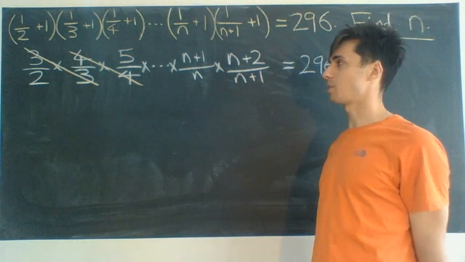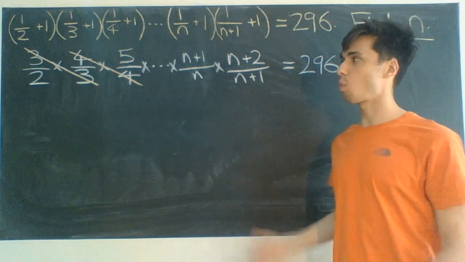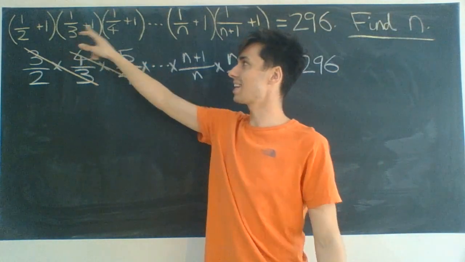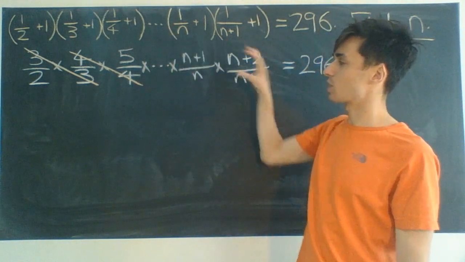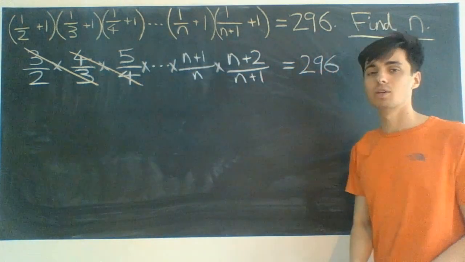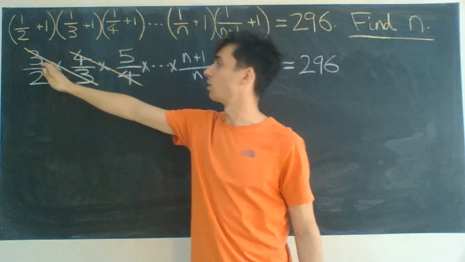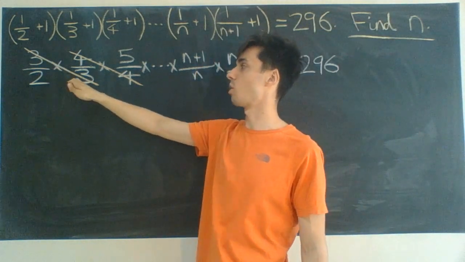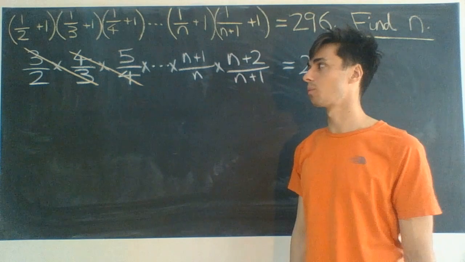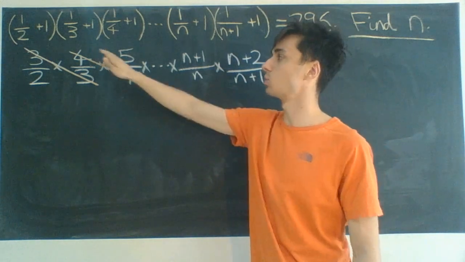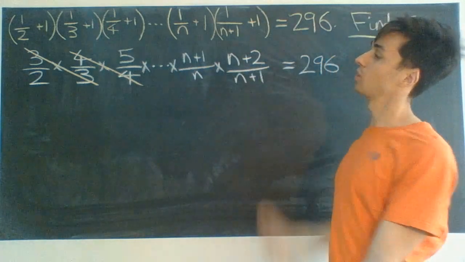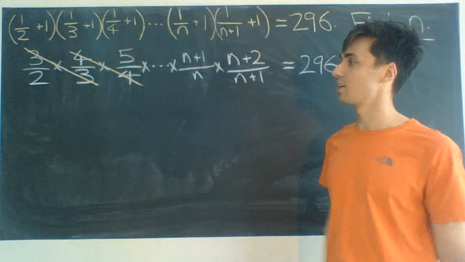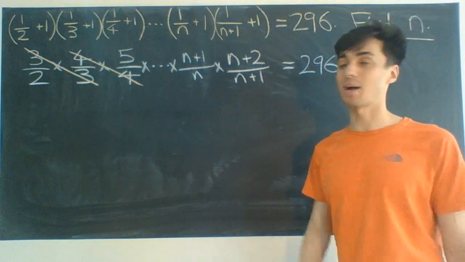Our pattern is that, because we're adding 1 onto the denominator each time, these numbers are going to increase by 1 with each step. So the numerator in the first fraction becomes the denominator in the second fraction. And that means this diagonal cancellation is going to continue the whole way along. No matter how long this is, they will keep cancelling out in that manner.